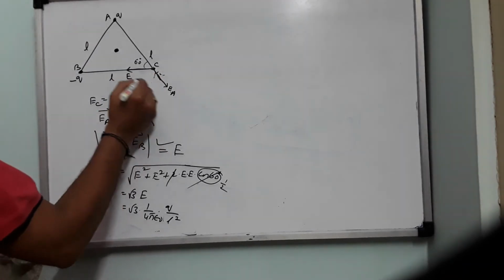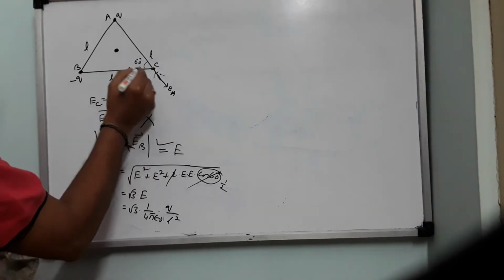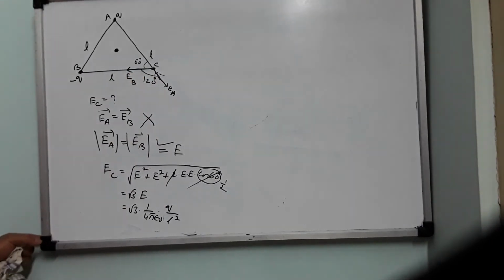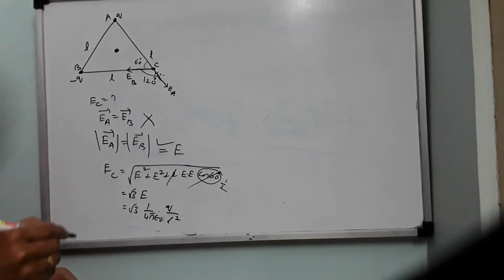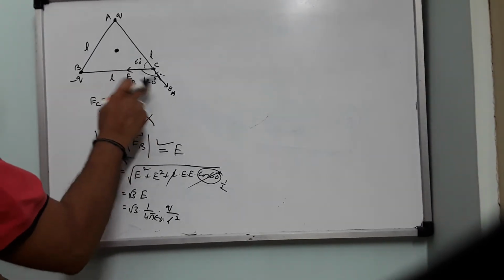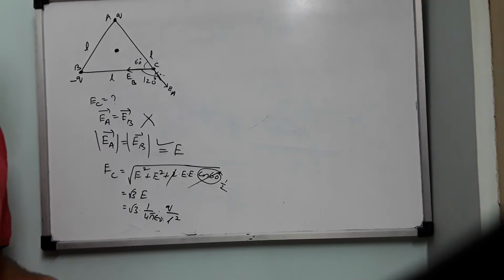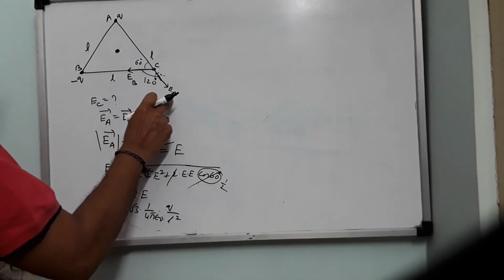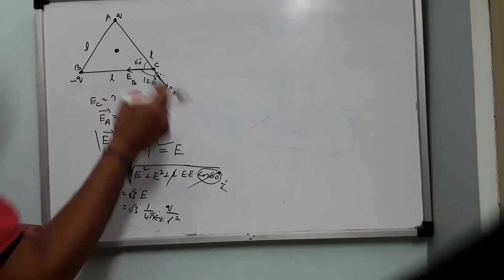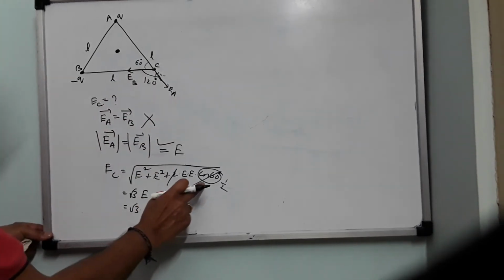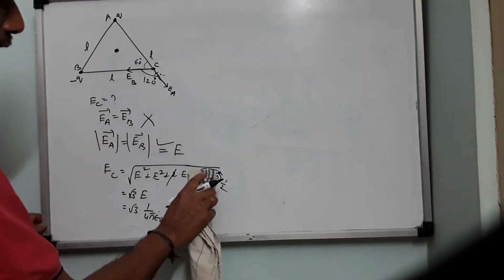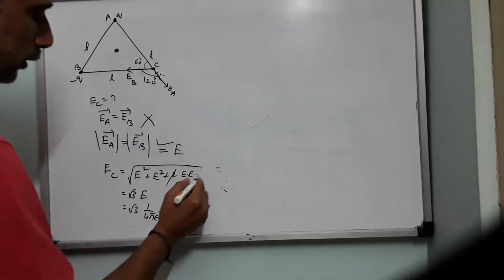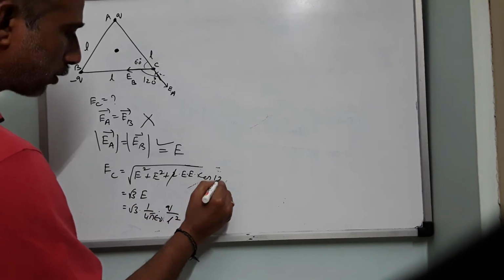Now, E and EB earlier they were making 60 degree. Now the angle will change into what? 120 degree. Yesterday or day before yesterday's class we said that two equal vectors with 120 degree will produce a third vector which is having the magnitude equal to EA or equal to EB. So now what will happen? This cos 60 now will become cos 120. This is E into cos 120 degree.